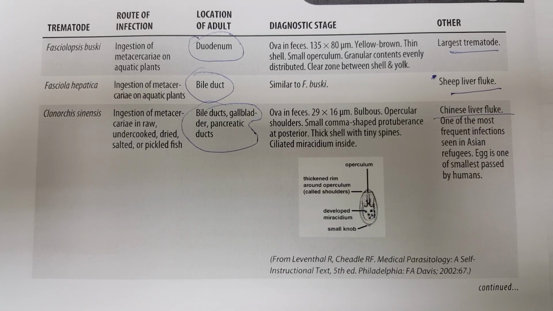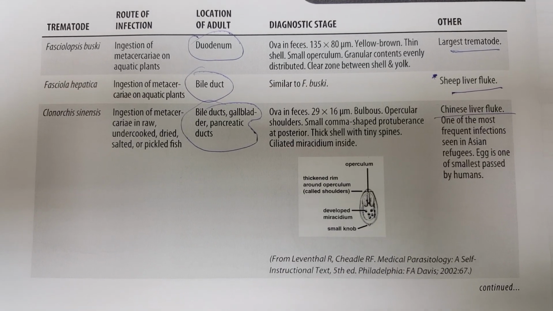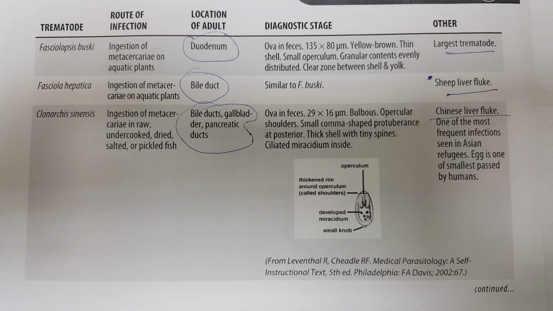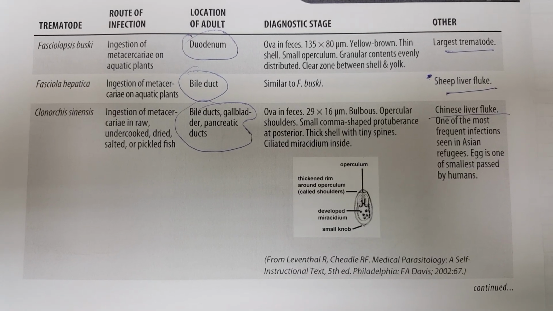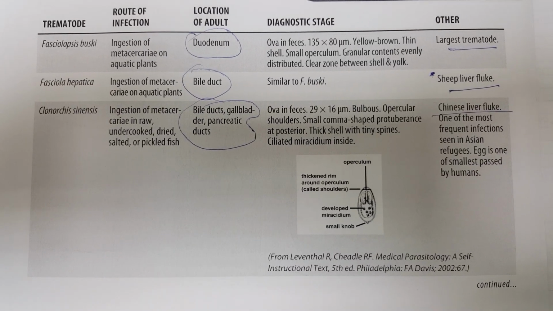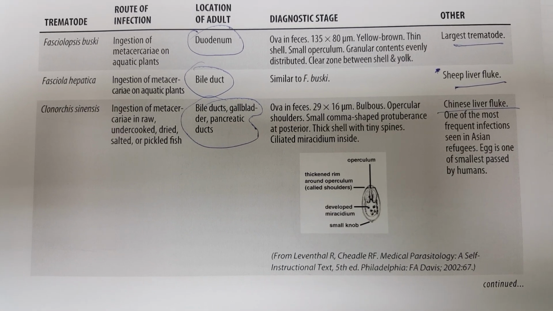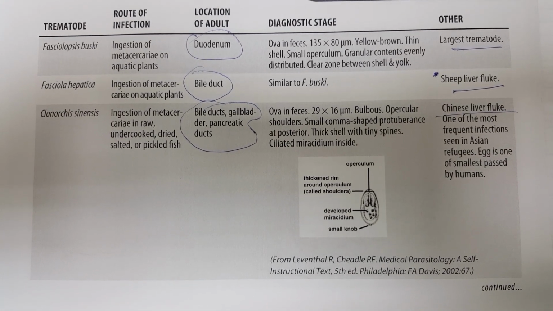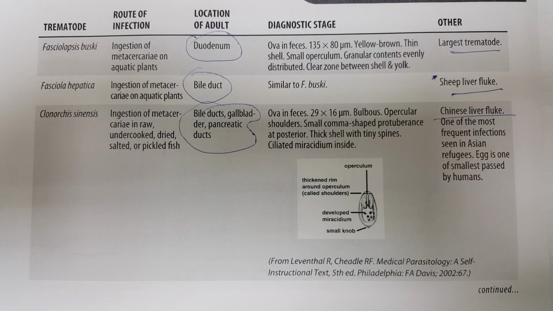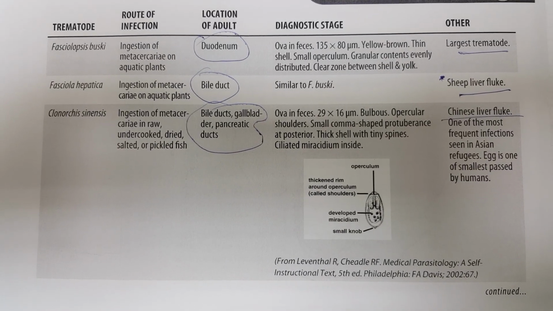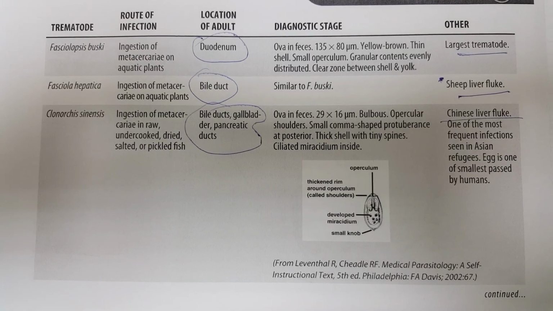The location of the adult worm is the duodenum, and it is the largest trematode, Fasciolopsis buski. Another one is Fasciola hepatica, which is also acquired by ingestion of metacercariae on aquatic plants, but the location of the adult worm is the bile duct. It is similar to F. buski, and it is also called the sheep liver fluke.